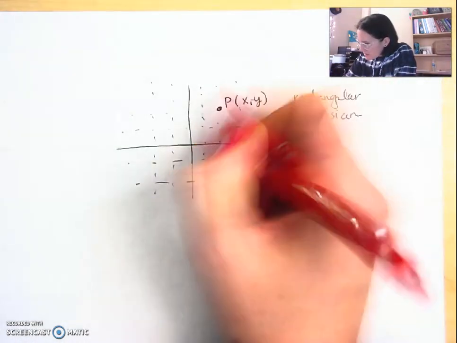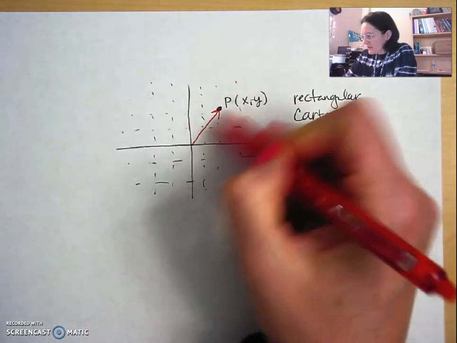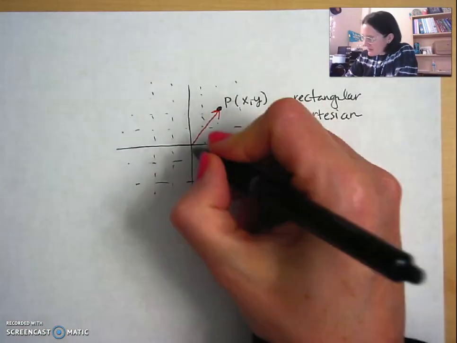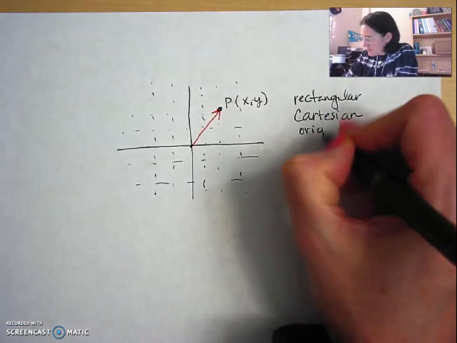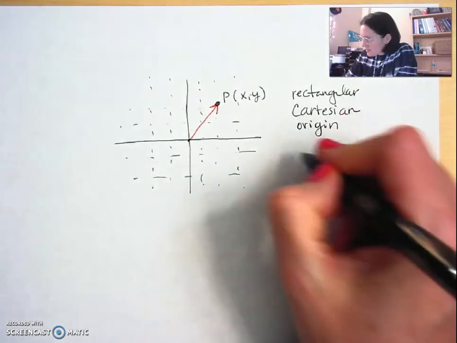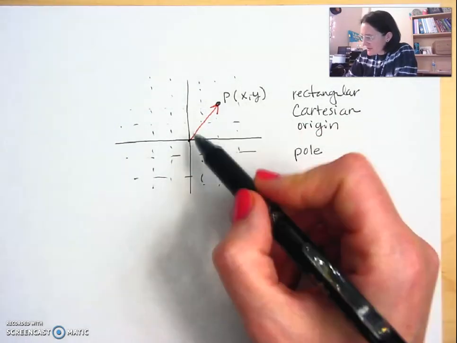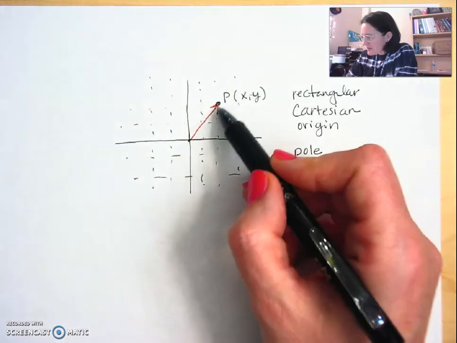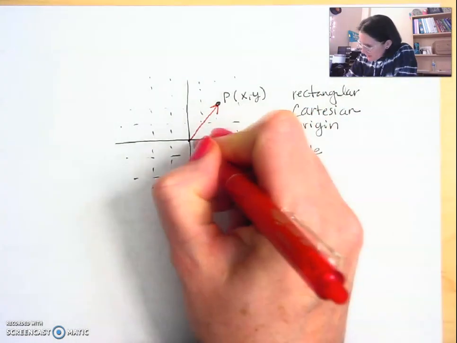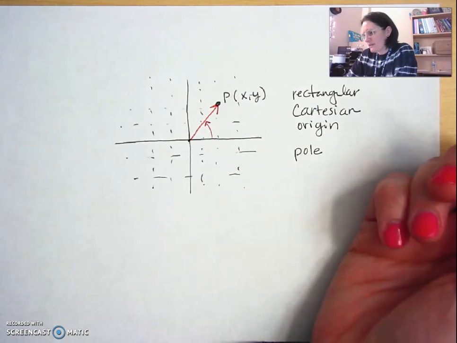I could also draw this vector, and that represents the distance from, in the Cartesian plane, this 0, 0 is the origin, and what we're calling it in polar terms is the pole right there. So this distance from here to here is one part of our ordered pair, and then this angle that goes from here to here is the other piece of identifying information.